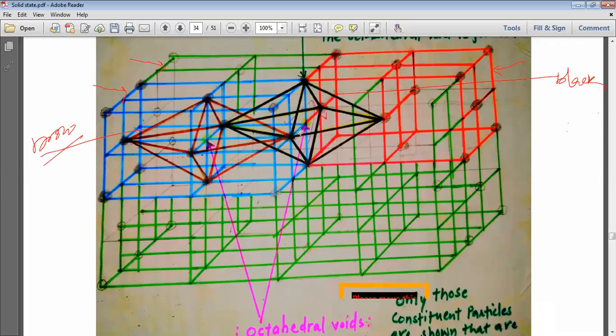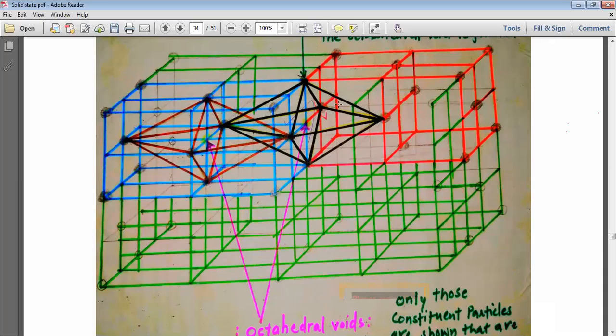These two octahedral voids are sharing their part. 1/4 of this black part is shared with the unit cell, and in the same way you can see that this black octahedral void is shared with another unit cell.